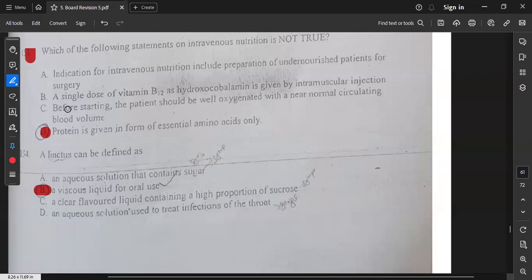Yeah, the answer is D. Protein is given in form of essential amino acids only, so that's not true. We good? Yeah.